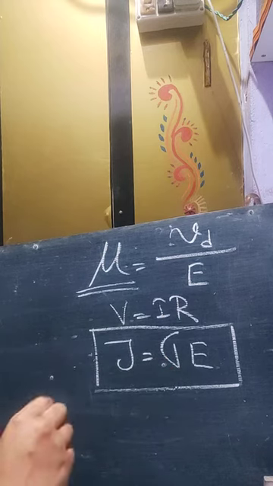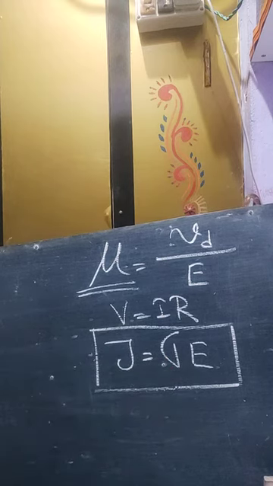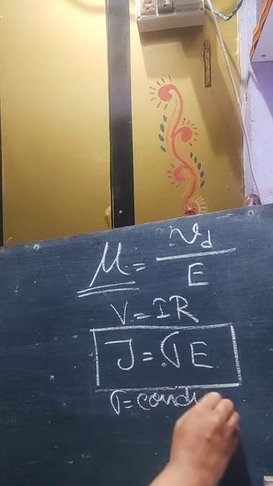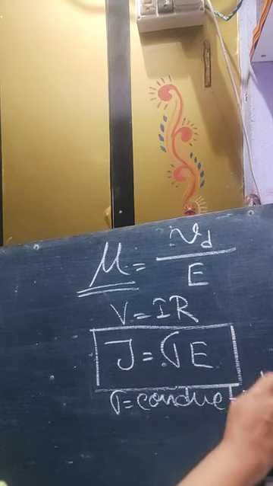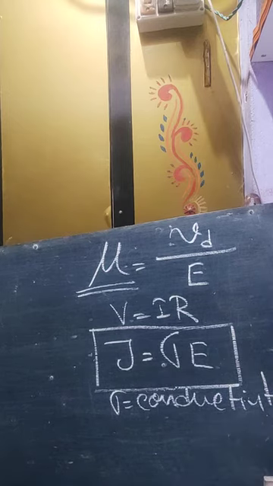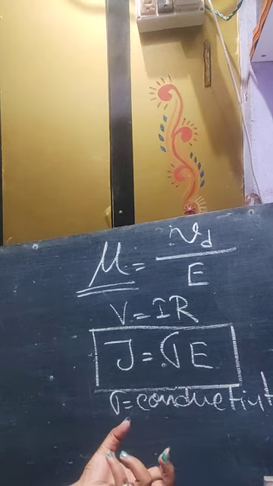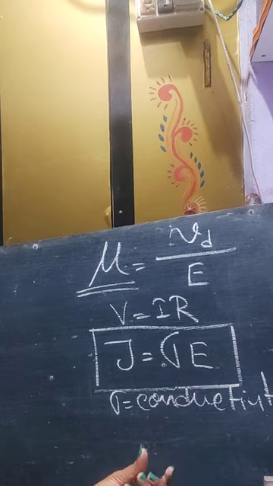Sigma is the conductivity. These definitions, conductivity, mobility and drift velocity, are all important.